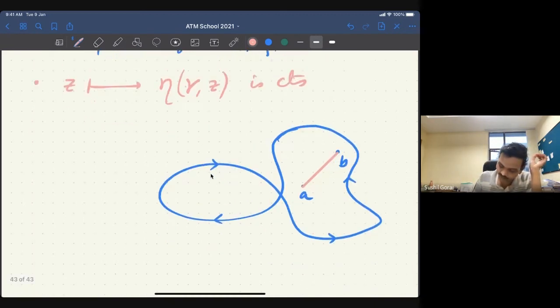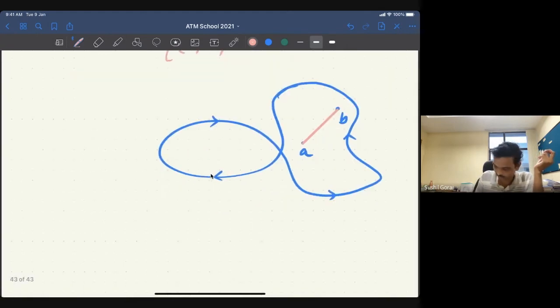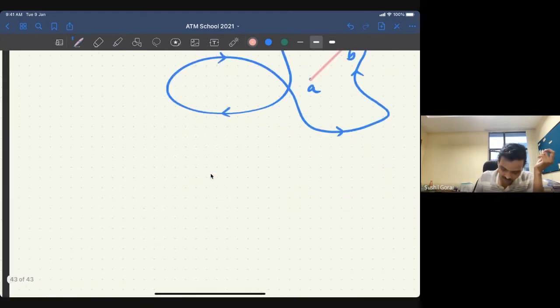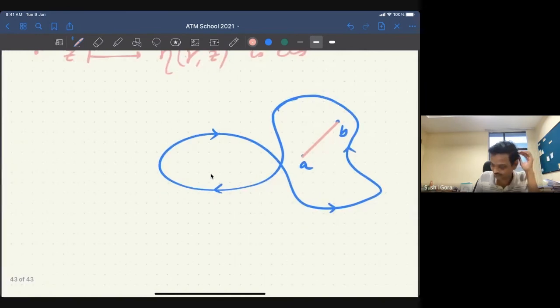So it lies in a connected path component. You can look at a point near A and close enough, and look at the straight line such that it does not intersect gamma. This is a very nice argument.